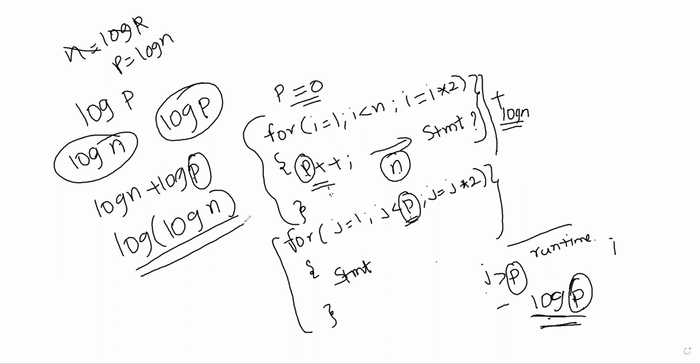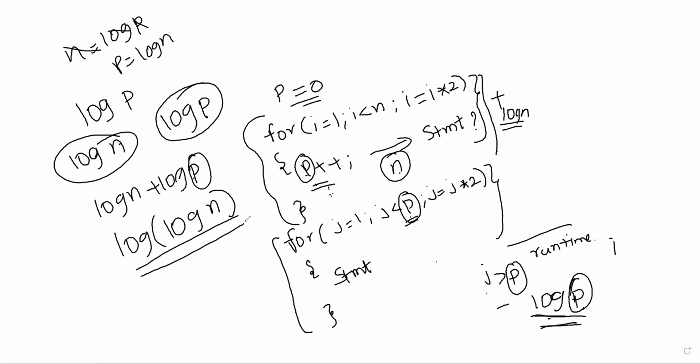So here we are trying to get everything in terms of n, and we are calculating it. Either you can say this is log n plus log p, or you can get this p in terms of log n and then substitute, and anything will work.